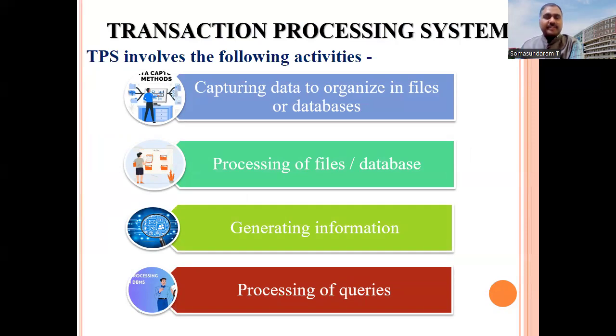They sort and filter it using various applications, generate the information, and process inquiries: how much has been sold, how much has not been sold, how much is targeted, what the maximum price and maximum revenue have been. So the next day they can focus on some other product or brand, or analyze which product customers are showing interest in. This is how TPS plays a vital role in the organization.